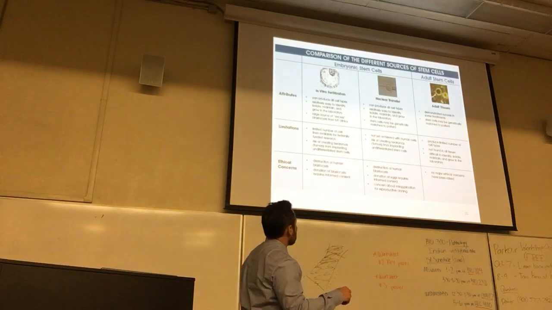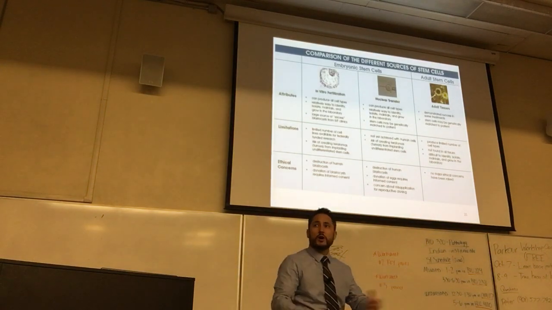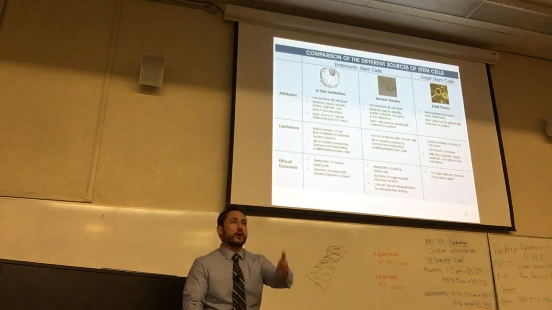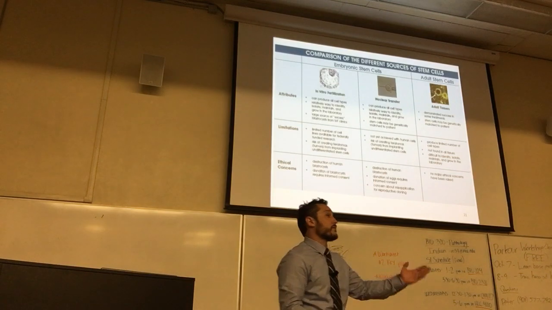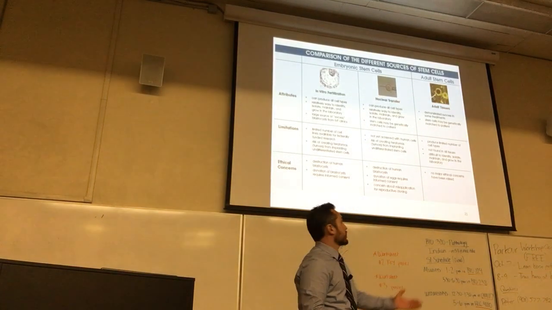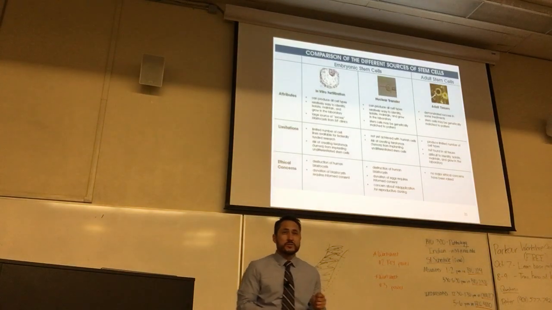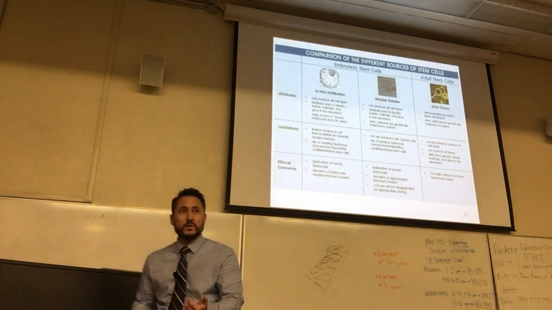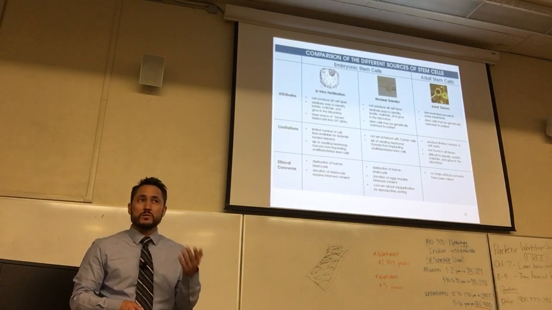So adult-derived stem cells, we make them. You can harvest your own. You could harvest them at a younger age and bank them for later use. You could harvest them when you needed them. You can get them easily from a lot of different sources. You can get them from circulating blood. You could get them from the bone marrow, which isn't exactly easy, but it's definitely doable.